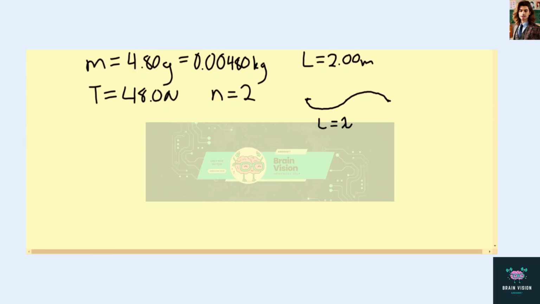And then the next thing that we can do, since we already know how long the wavelength of the string is, is figure out the wavelength of the sound wave. So what we want to do is figure out what the frequency of the string is, because the frequency of the string is going to be the same as the frequency of the sound wave.